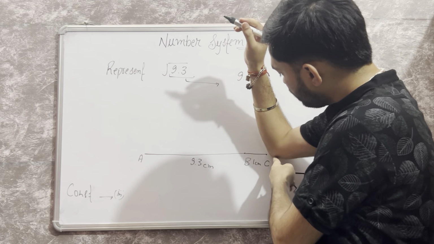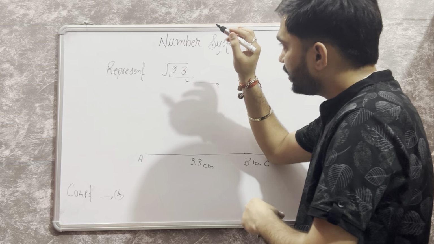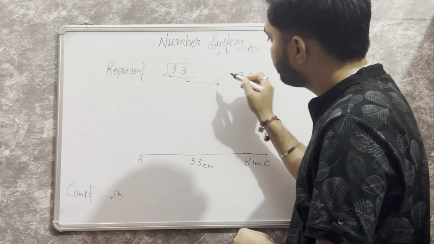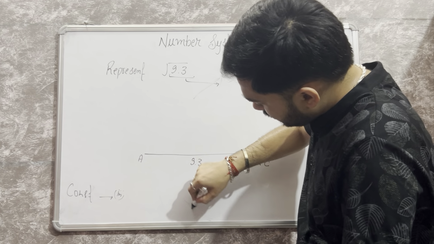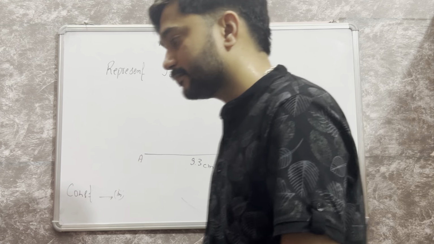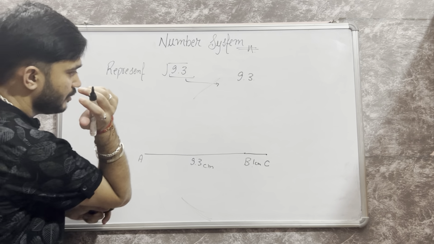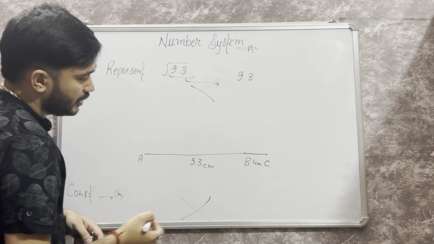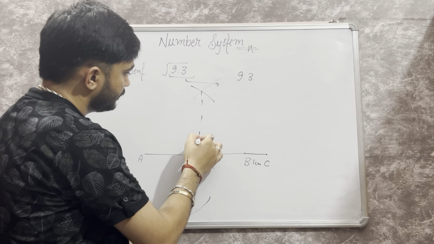So you are going to point this pin part on C and make a mark here and one mark down here. Now you are going to do the same with point A. Mark one point here and one here and join these 2 points with a dotted line.